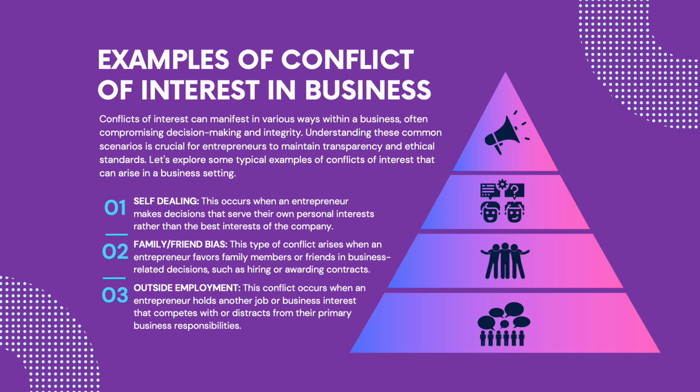The second example is family and friend bias. This type of conflict arises when an entrepreneur favors family or friends in business-related decisions, such as hiring or awarding contracts. This one is very, very common because people often say that when you have an opportunity to help other people, you should help your family, help your friends.